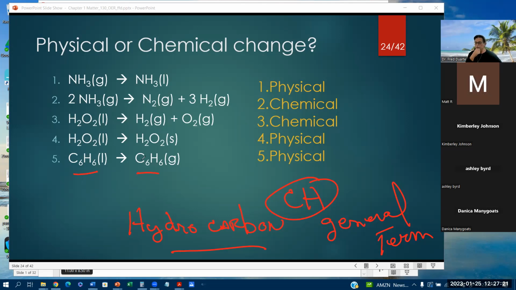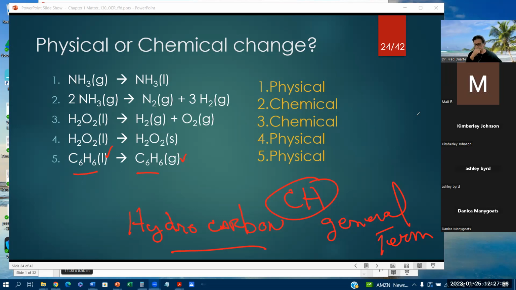And so that implies that we have a physical change here, and we verify that by the physical state because you're going from a liquid to a gas, which, by the way, what do we call that? Vapor, yes, that's one of the terms. It could be vaporizing, it could be boiling, or evaporating.